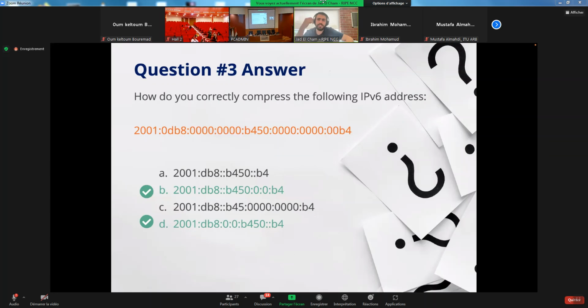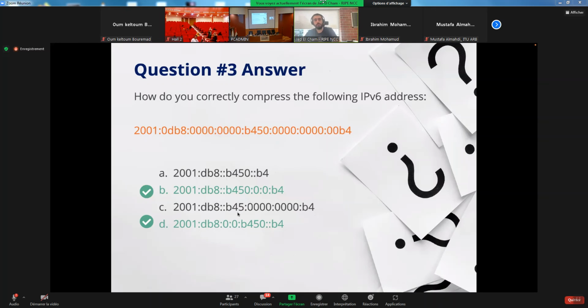So these 4 groups, where do I put them? Are they 2 before and 2 after? Is it 1 before and 3 after? Is it 3 before and 1 after? You cannot know. So that's why they say you can only use the double colon once. So that's why A is wrong.